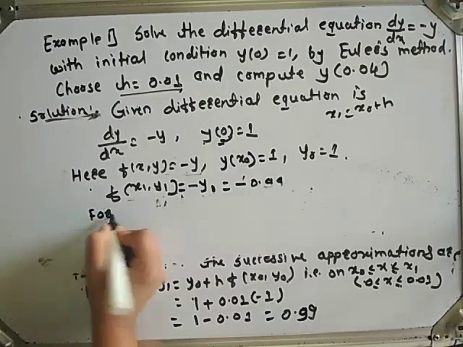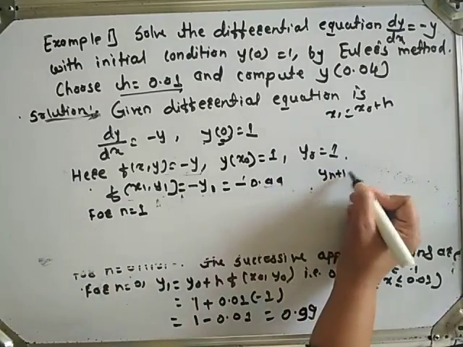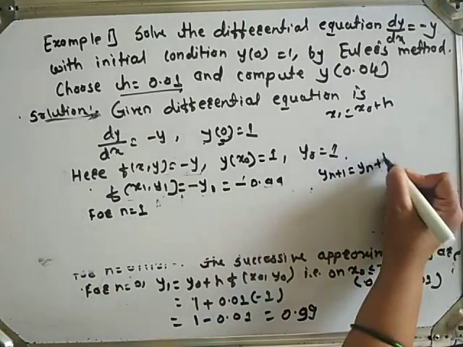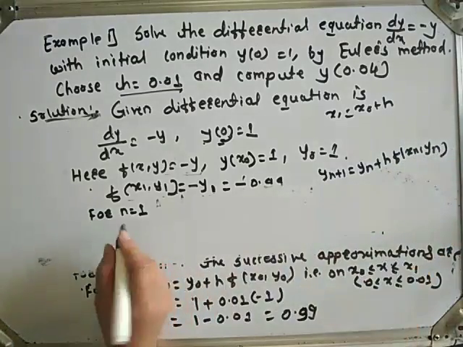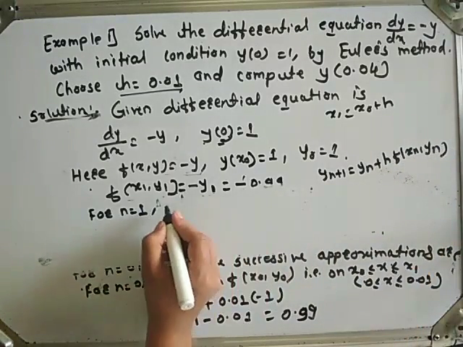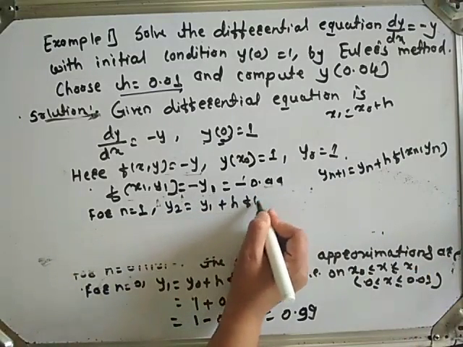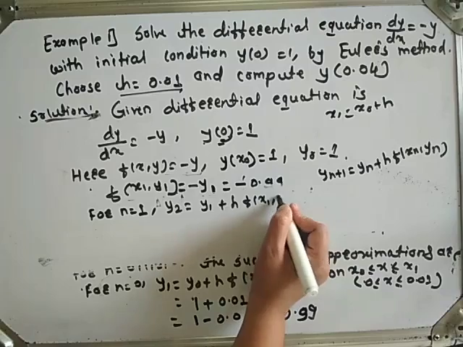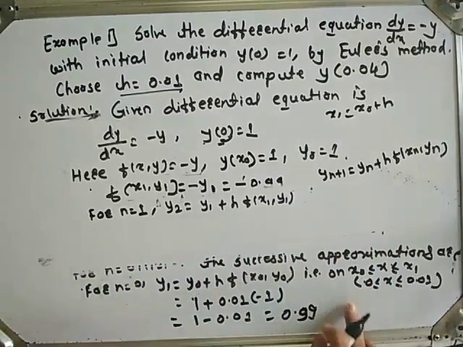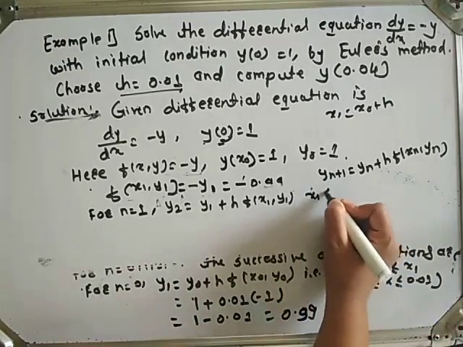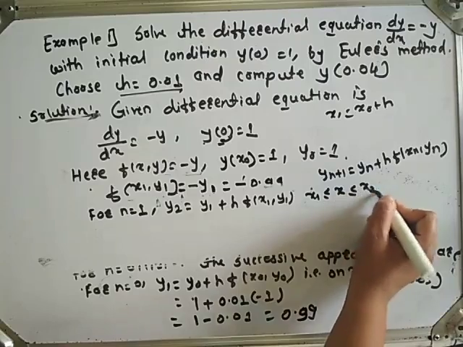Therefore, for n is equal to 1, our general formula y(n+1) is equal to yn plus h into f of xn comma yn becomes y2 is equal to y1 plus h into f of x1 comma y1. In this step, x lies between x1 less than or equal to x less than or equal to x2.